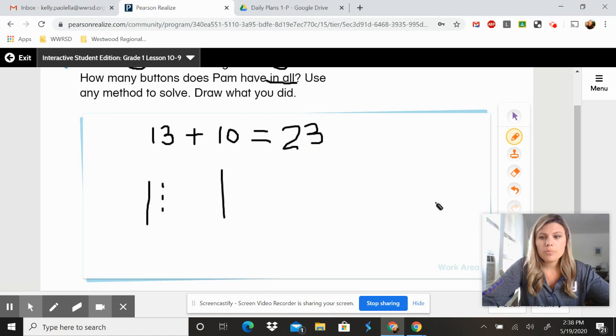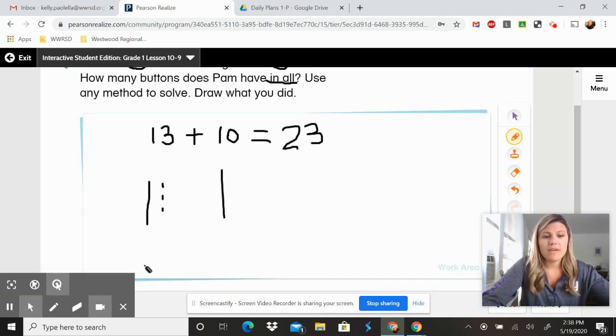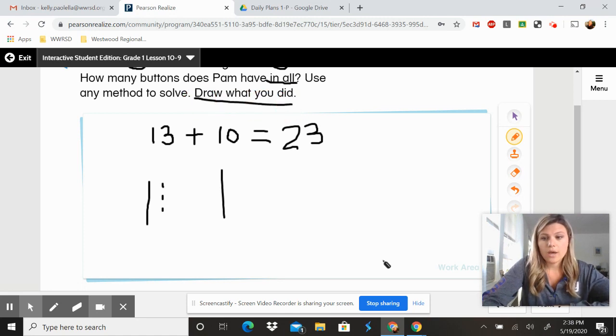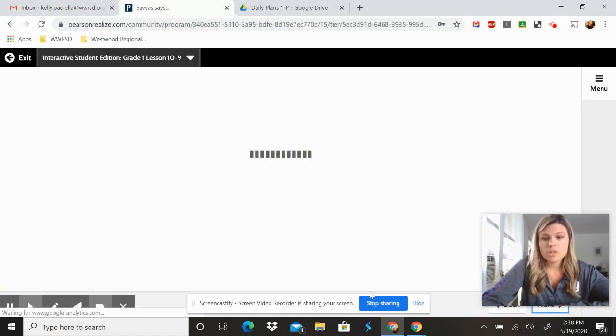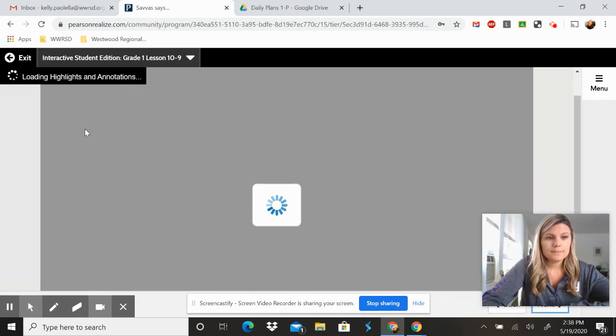You could have done a number line. I'm sure some of you might have been able to have just done that, added the 10 in your head, okay? As long as you can explain what you're doing, that's fine, okay? If you can't, then you need to use one of the methods and draw, especially if they say, draw what you did, okay? Let's watch the visual learning.